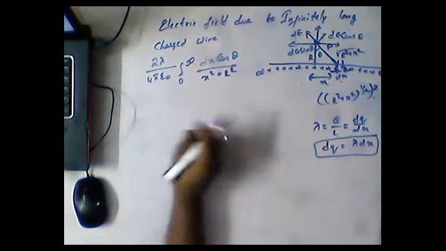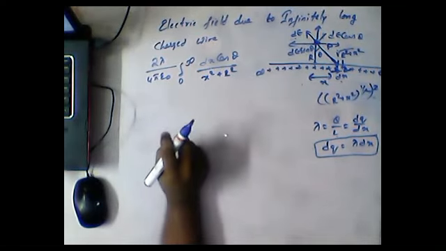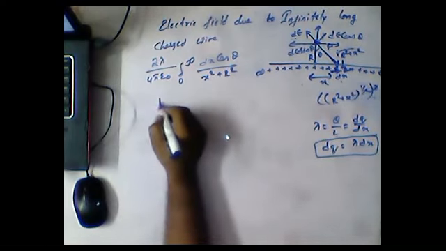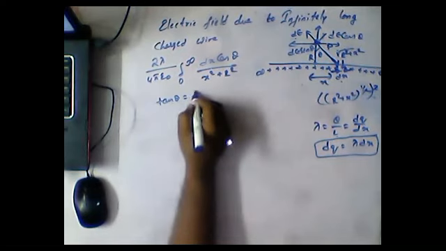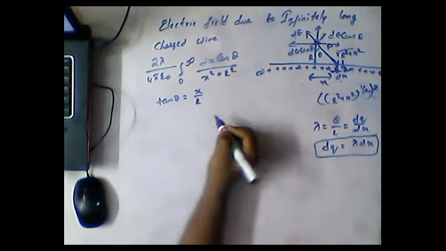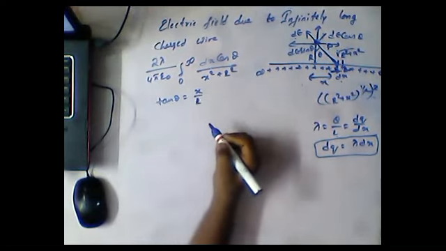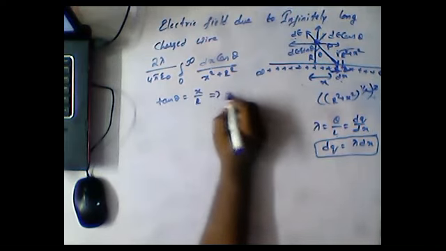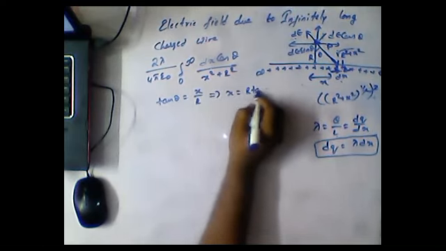Solving this is a little bit complicated. For that reason, we already know that tan theta is equal to x by r. From this we can write x is equal to r tan theta.